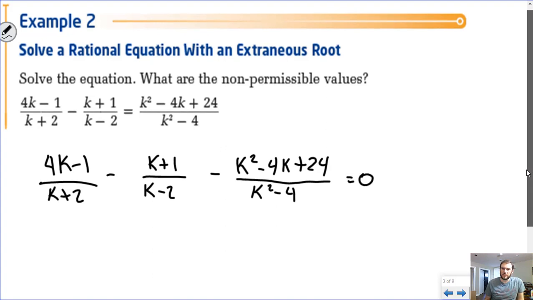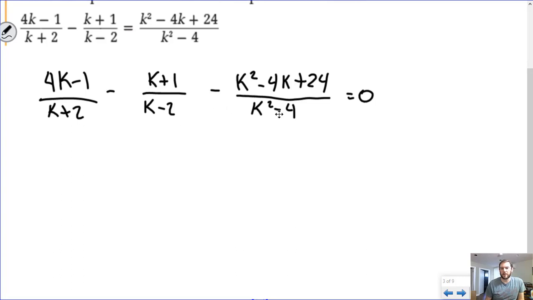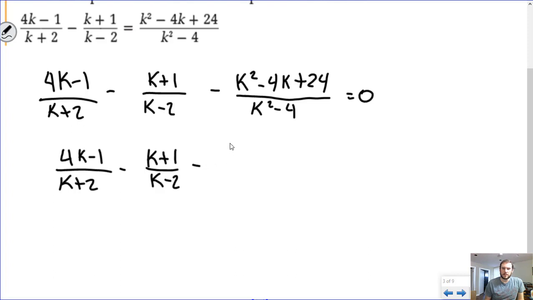And again, what you'll find here is that your denominators are going to have really similar factors, right? So if we factor everything, so for k minus 1 over k plus 2 minus k plus 1 over k minus 2 minus, so let's see if we can factor the top and the bottom here.